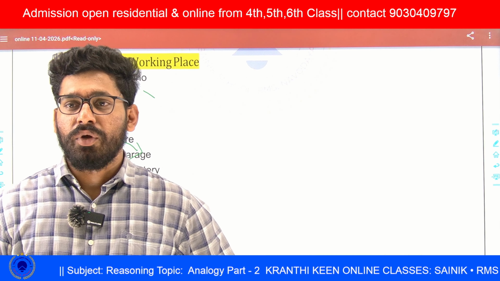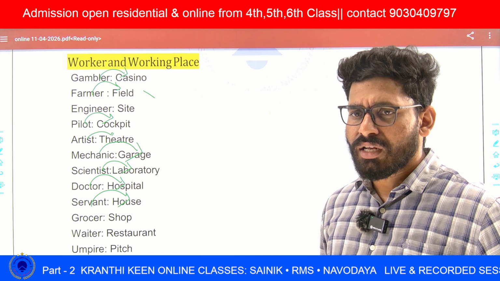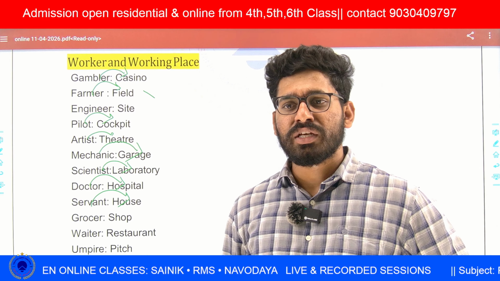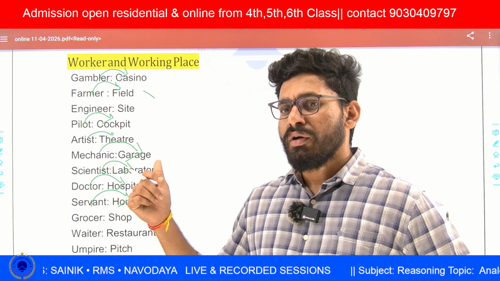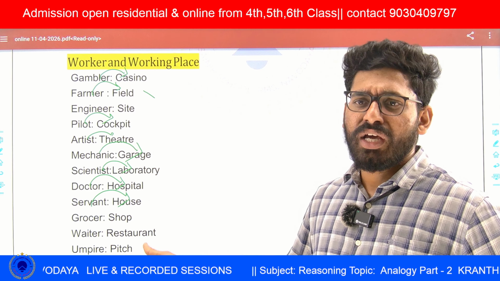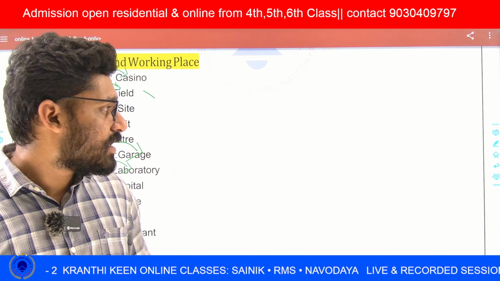If they ask you a question on teacher and doctor, they might ask you tomorrow on scientist, or the artist, engineer. So there might be a probability of asking questions on these also, right? So we should not give them a chance. So we are learning these words, worker and working place, based on previous years' questions.